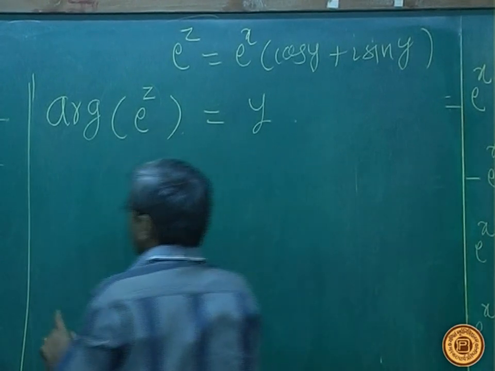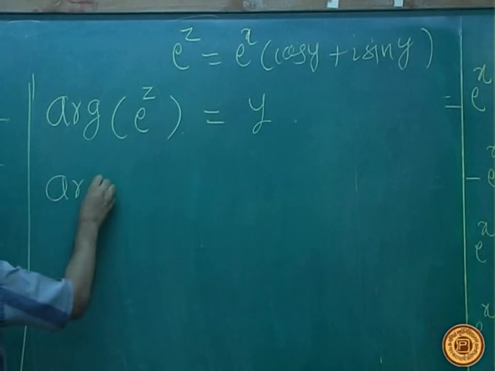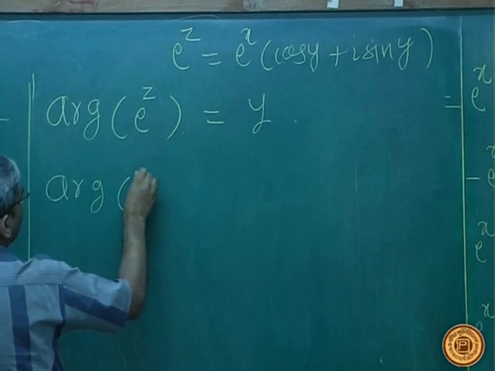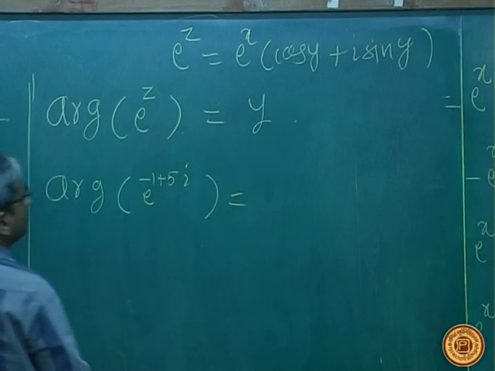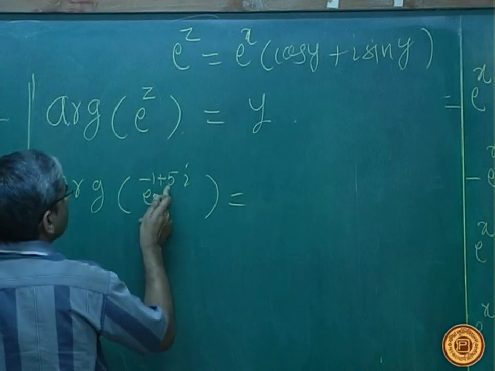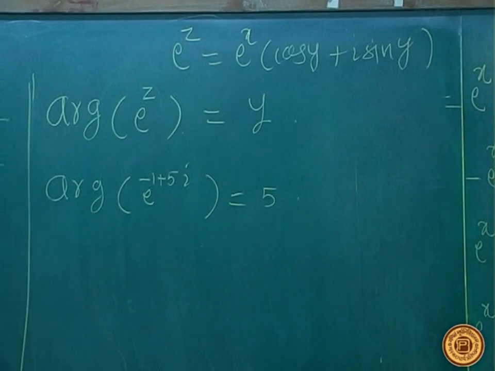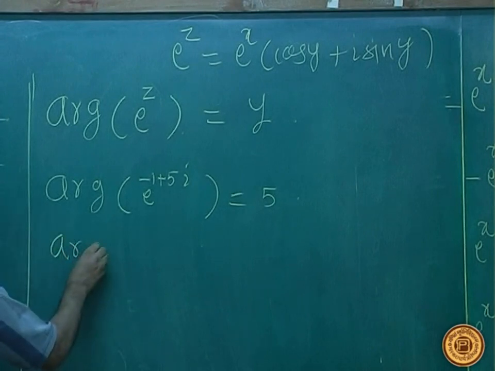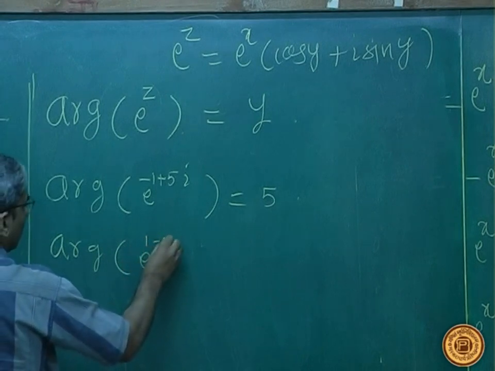So suppose you have the argument of e to the power minus 1 plus 5i, what will be the argument? Argument is 5. Suppose you have the argument of e to the power 1 minus i pi by 2.